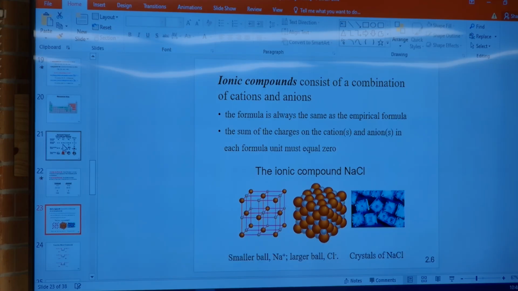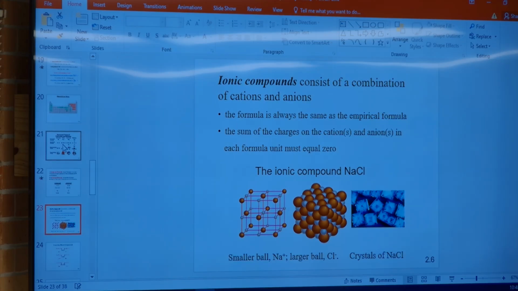That's why the total positive charge from cations always equals the total negative charge from anions. As a compound, there is no net charge. Net charge is 0. Another thing is, the ionic compound formula is always the same as the empirical formula.